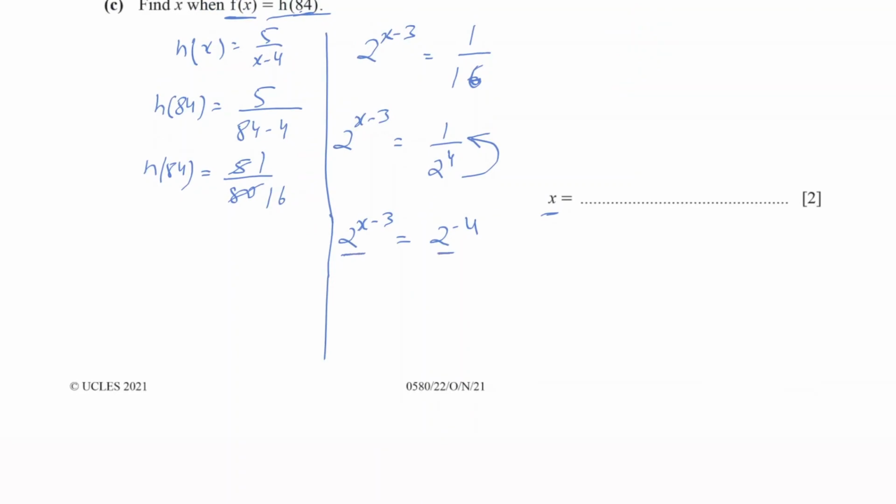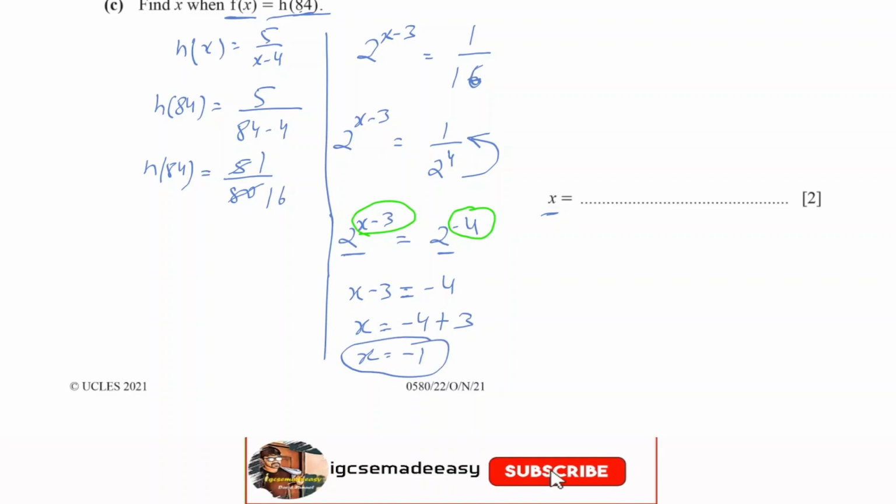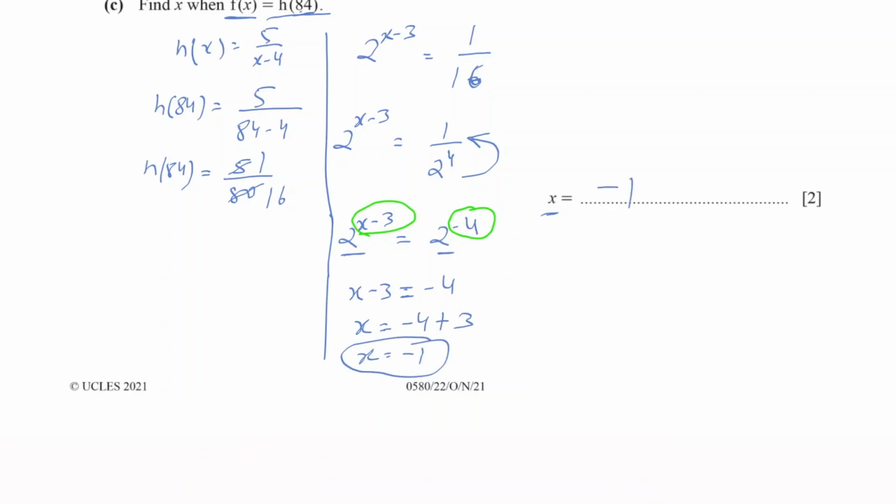Now here the bases are the same, the bases are 2, so we can equate the powers. When the bases are the same, the powers will be equal to each other. So we can say that x minus 3 is equal to minus 4. So x equals minus 4 plus 3. So x equals minus 1. So the value of x is minus 1.